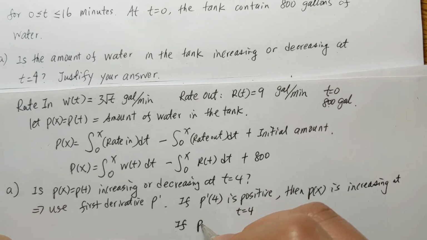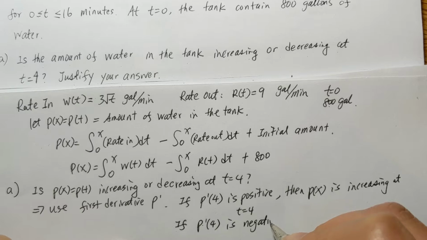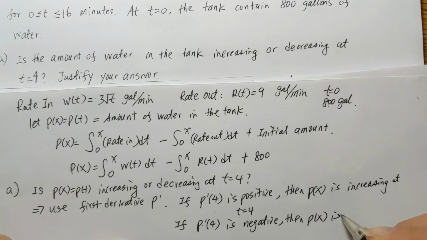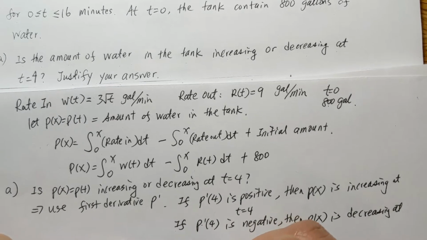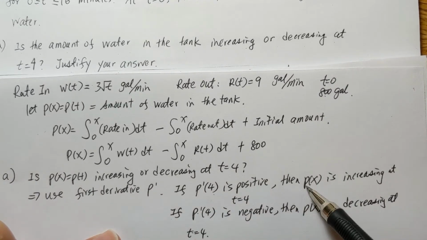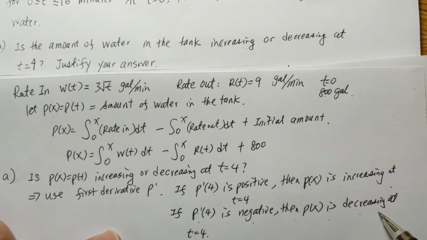If P prime of 4 is negative, then P of x is decreasing at t equal to 4. So in other words, if the slope is positive, then the function is increasing. If the slope is negative, then the function is decreasing.